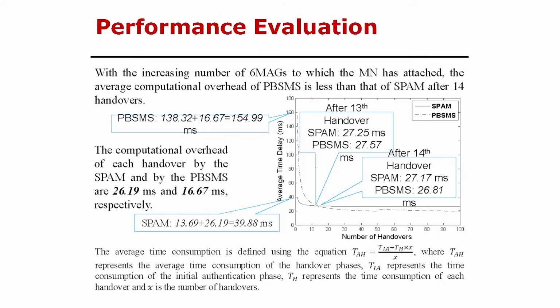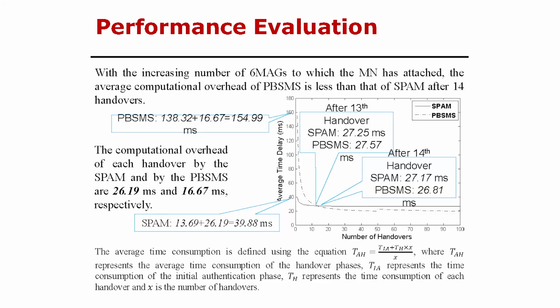This feature has been presented in this plot. It shows that we have identified the exact number of handovers after which we are able to save time. This is what we achieved through the simulation. It shows that at the beginning, our scheme takes a lot of time.